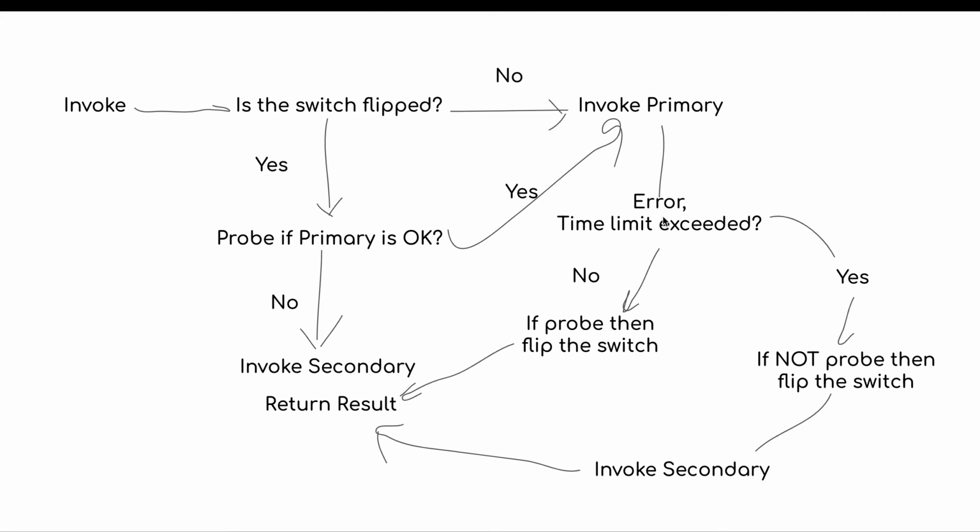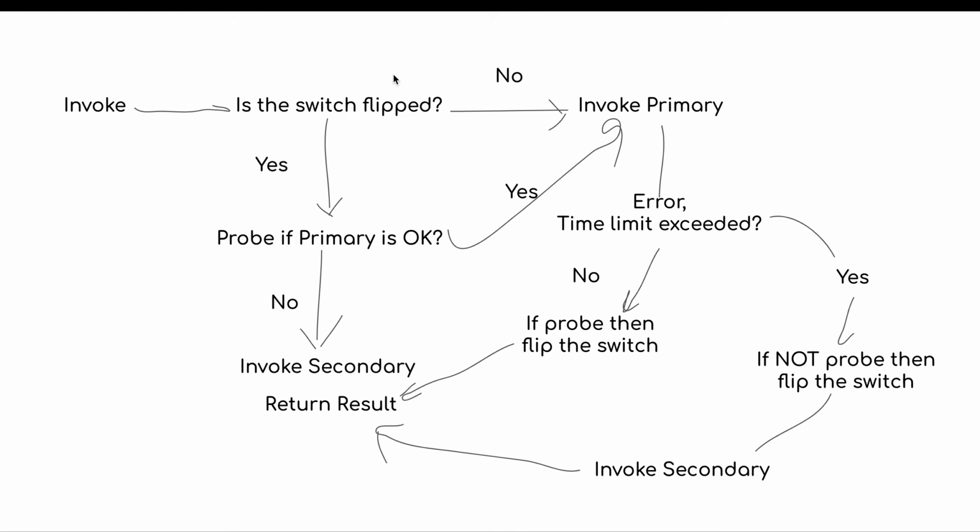If we determine that the primary is at fault, we come here. At this point we need to see: are we probing? If it's not probing, this is the result of a direct invocation, then we want to flip the switch. So we flip the switch, then invoke the secondary and return the result.